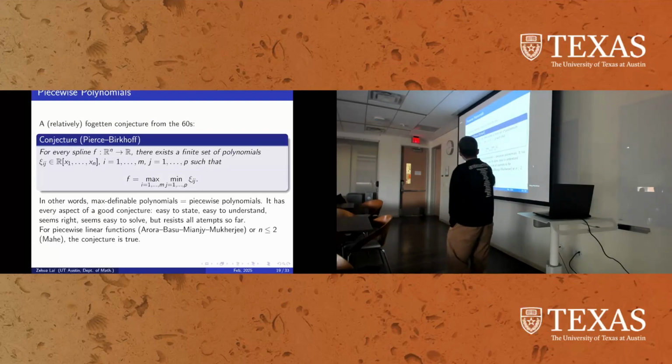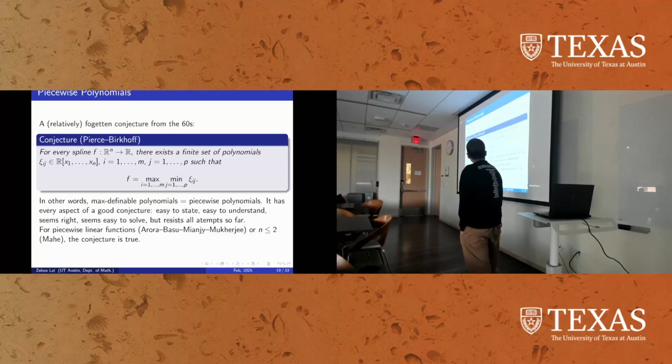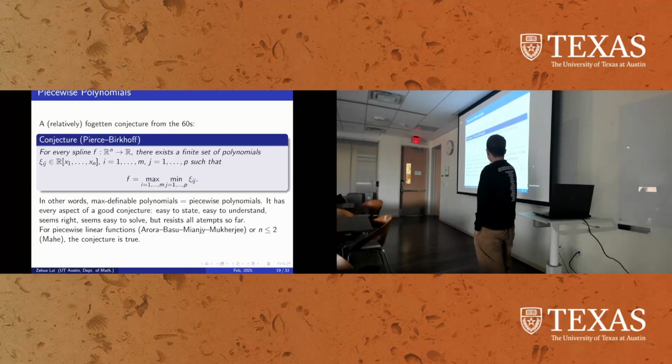And there's a conjecture called the Pierce-Birkhoff conjecture. This conjecture says that if I give you a spline, a piecewise polynomial continuous function, then there exist some polynomials such that this spline can be written as a max-min of polynomials. So this conjecture simply says that max definable polynomials are exactly the piecewise polynomials. Now this conjecture is very easy to state and easy to understand, but it's actually very hard.